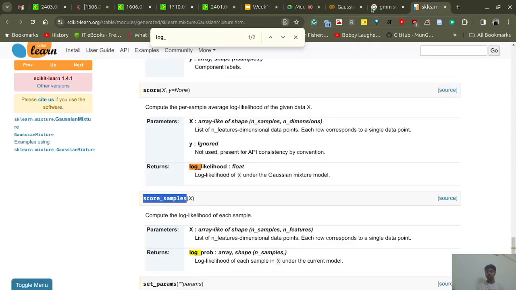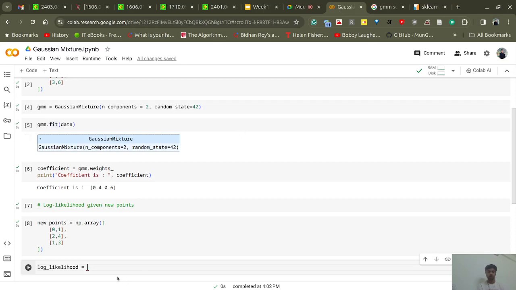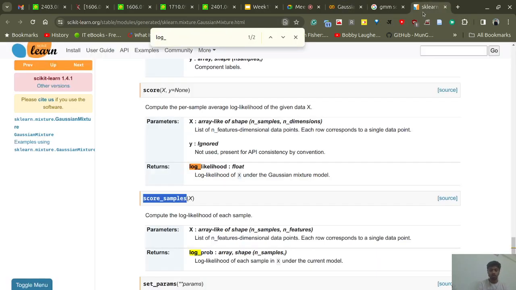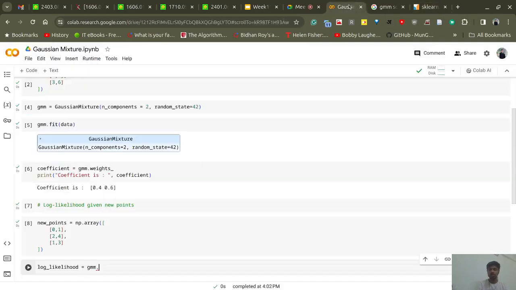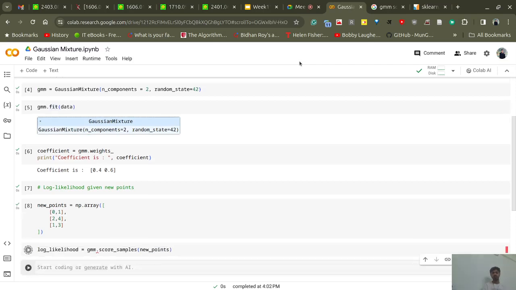Okay, so log likelihood equal to gmm.score_samples, and here we will give the new points, right? Then let's print the log likelihood.